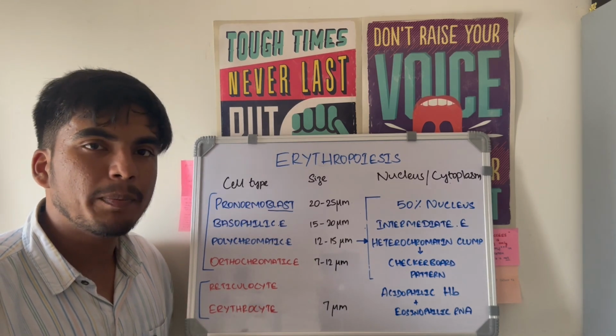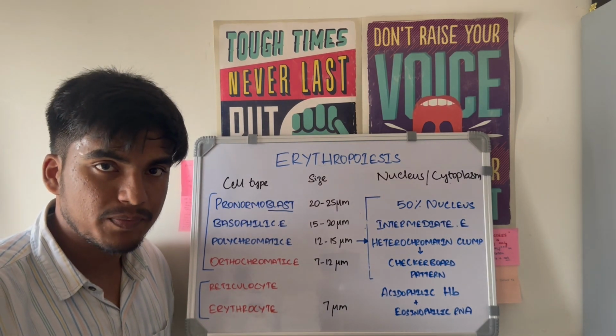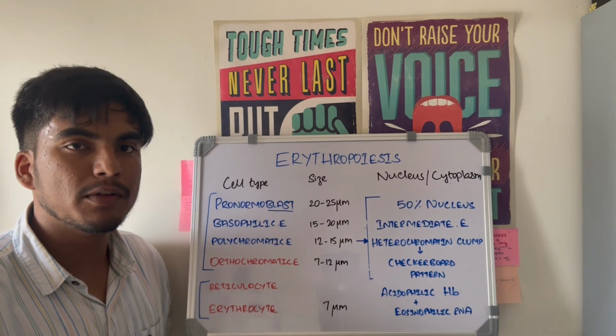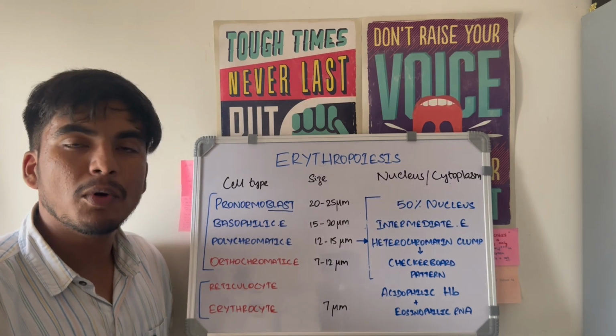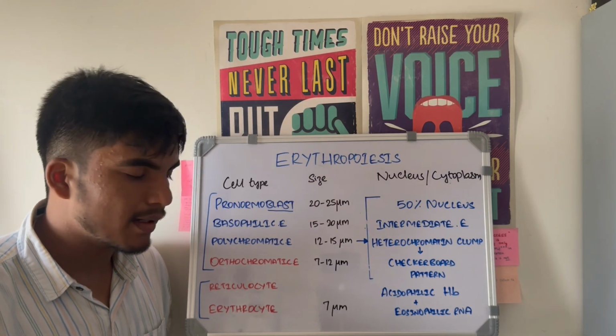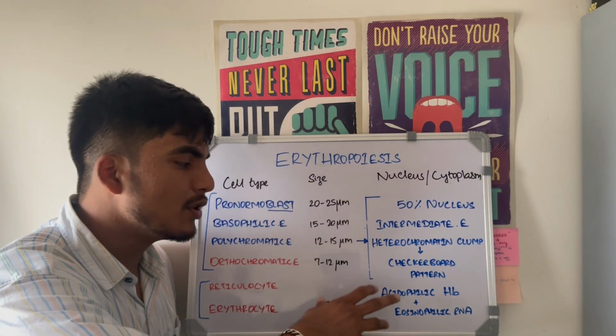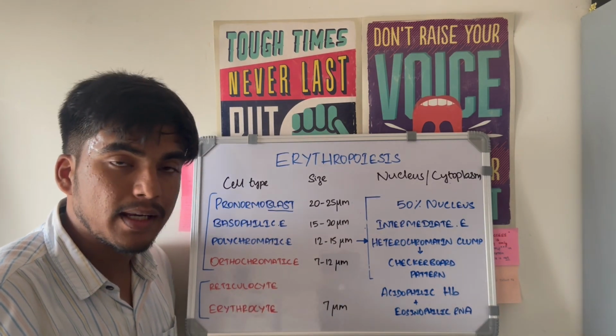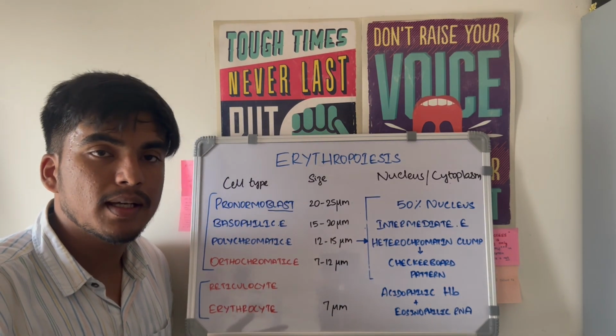So what is the peculiar pattern for basophilic erythroblast? Yes, wheel spoke pattern is peculiar for basophilic erythroblast and checkerboard pattern is peculiar for polychromatic erythroblast. Why is it called polychromatic erythroblast? Because it contains acidophilic hemoglobin and eosinophilic RNA, it is called polychromatic erythroblast.